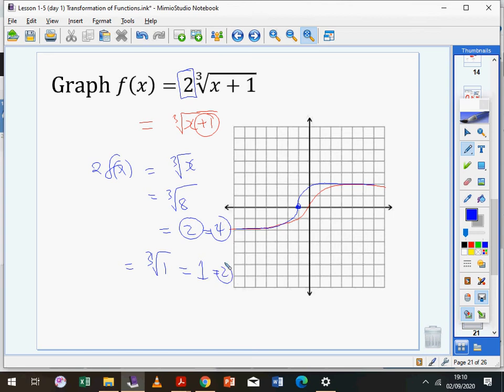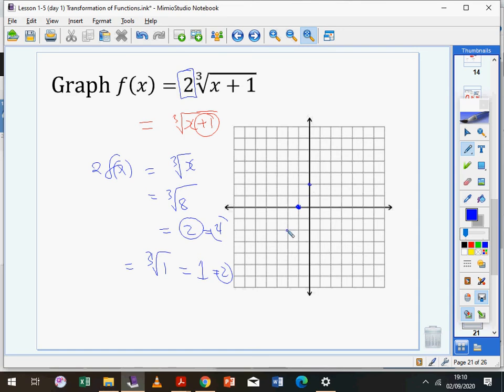So I know that this function has been stretched vertically and moved 1 unit to the left. So first of all, it's passing through this point, and where I would have had this point and this point, I don't have those anymore. This time I have that point here and that point right here.